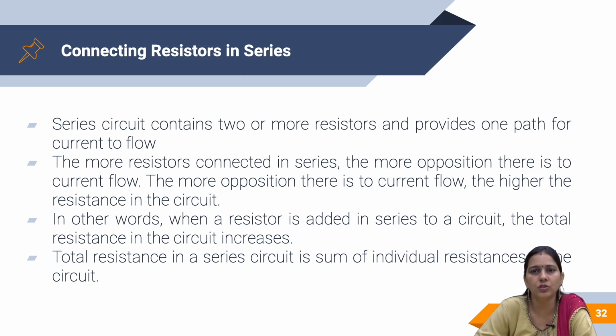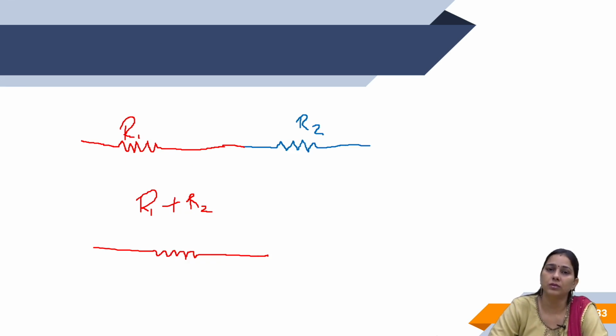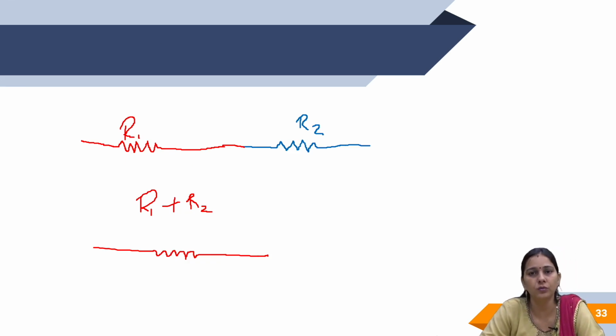This voltage division depends upon the value of resistance. In a series circuit, the total resistance is the summation of all the resistances in the circuit. If we have two resistances R1 and R2 in a given circuit, then the total equivalent resistance would be R equivalent equals R1 plus R2.